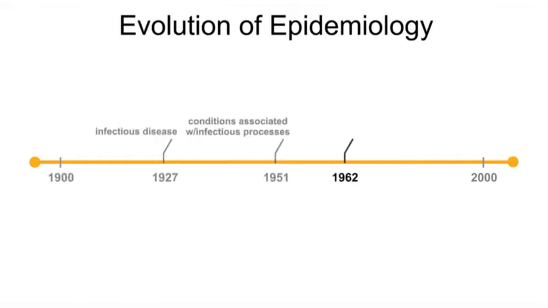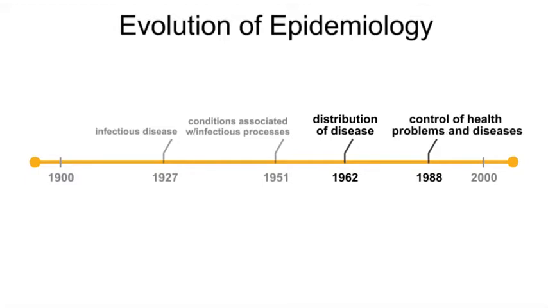In the 1960s, epidemiology began to focus on laws regarding the distribution of disease at a community level. Then, in the late 1980s, epidemiology focused on how to control or minimize health problems and diseases. Next, we will talk about epidemiologic transitions.